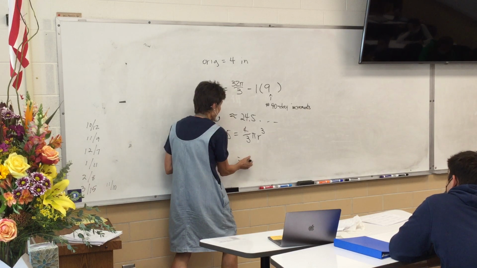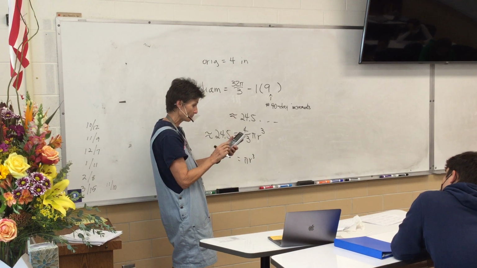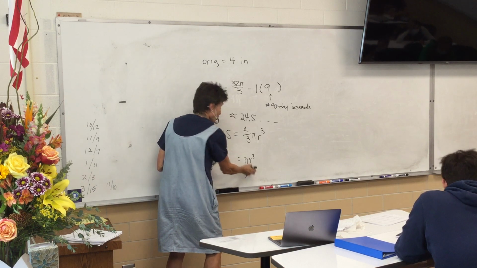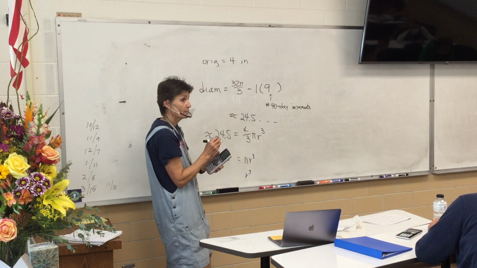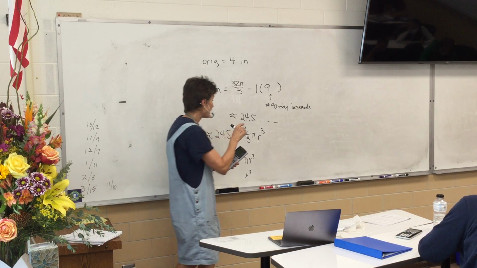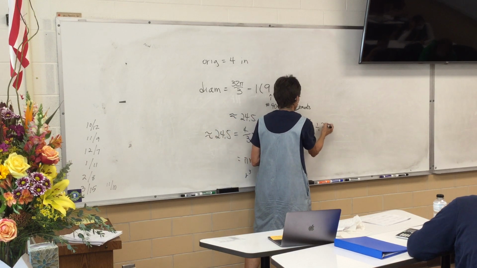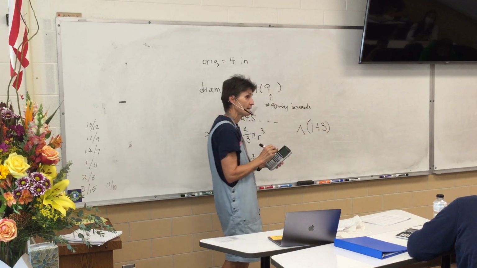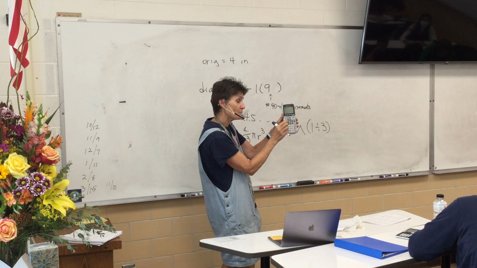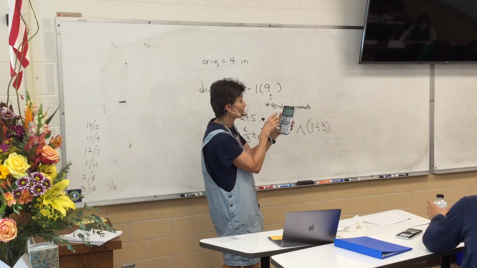And now the number I have is pi r cubed, so I'll divide it by pi. And now the number I have is just r cubed. So I need to cube root it. And when you cube root it, you can either just raise it to the 1/3 power, because that's cube rooting, or you can go back into your math menu and choose the option that says cube root.